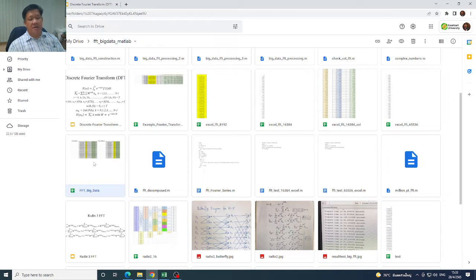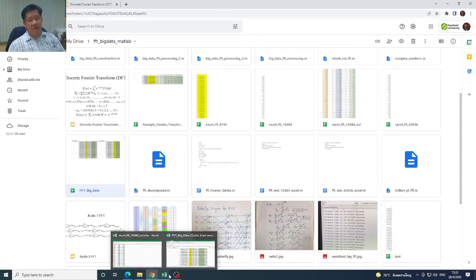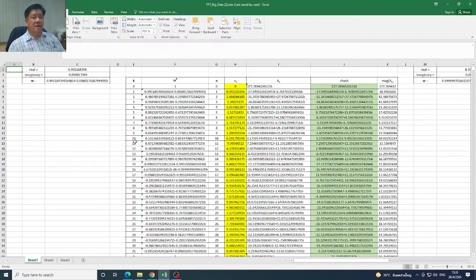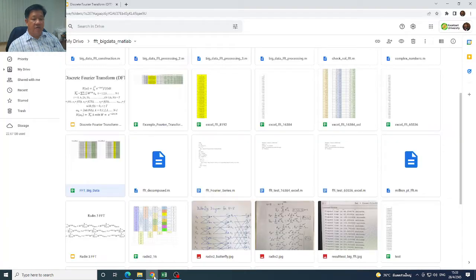Here there's a Google Sheet file called FFT Big Data, which you can download and change to the Excel format. And we're also gonna have another file, Excel FFT 16384, coming from the solution.